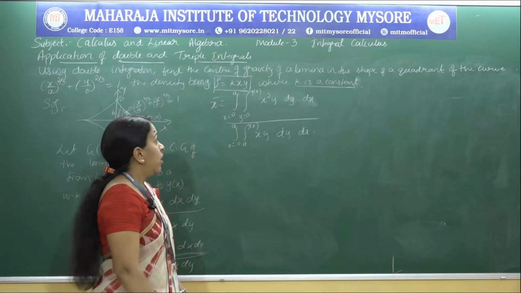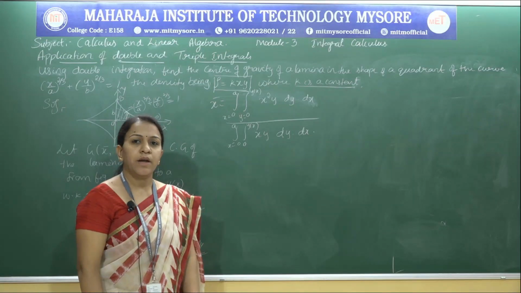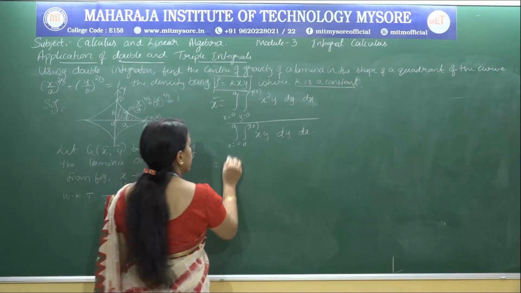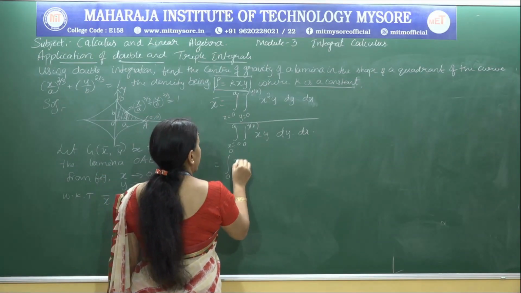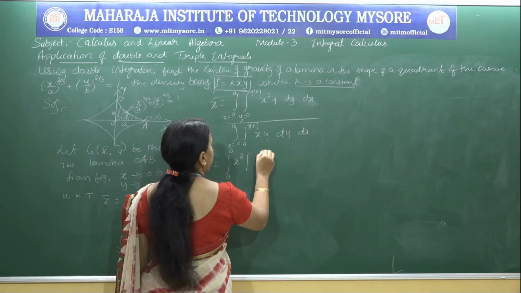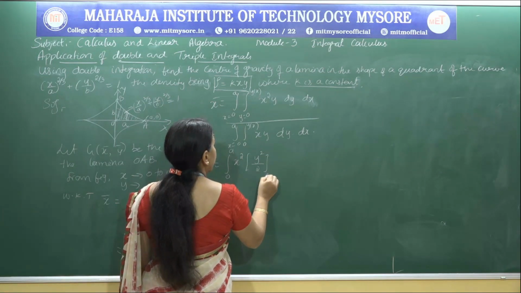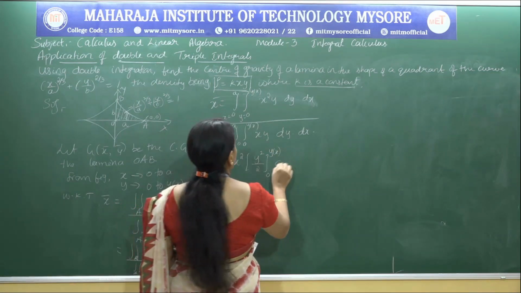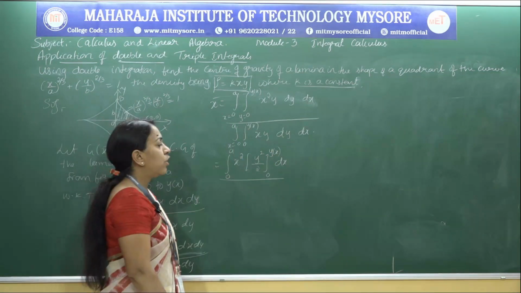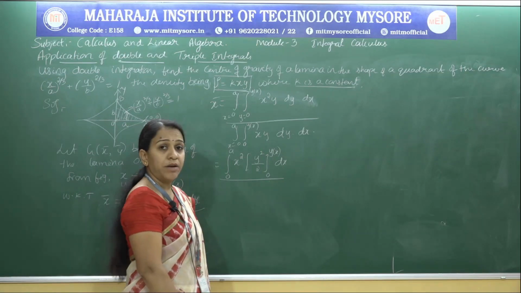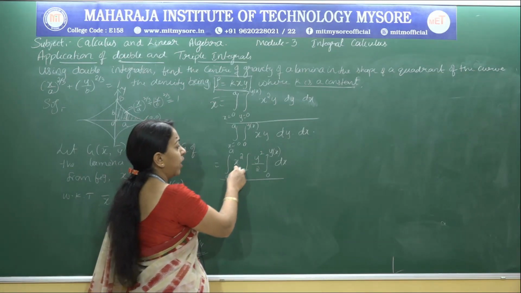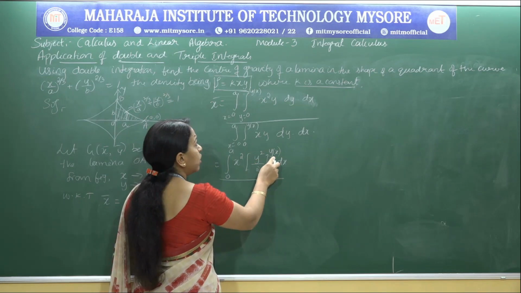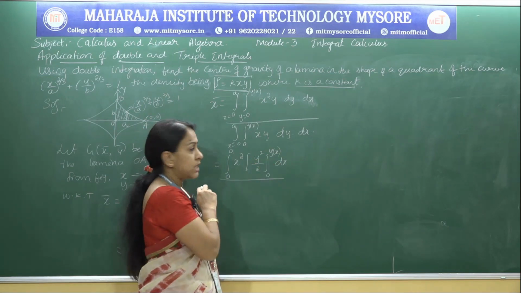Now keeping x constant, integrate with respect to y, that is integral 0 to a, x square constant, integral of y is y square by 2 between the limit 0 to y of x, dx.